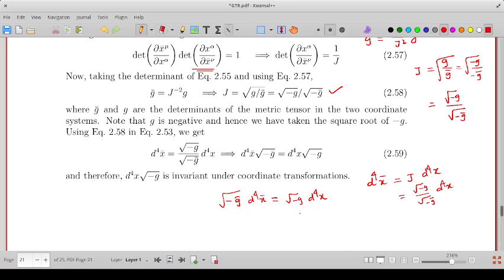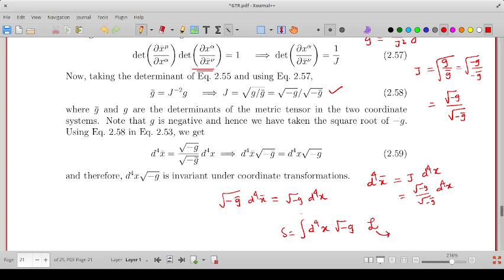So therefore this is an invariant quantity, the square root of minus g times d4x, and therefore while writing an invariant action, I should have the following form. Instead of d4x, I should have d4x times the square root of minus g times a Lagrangian density.